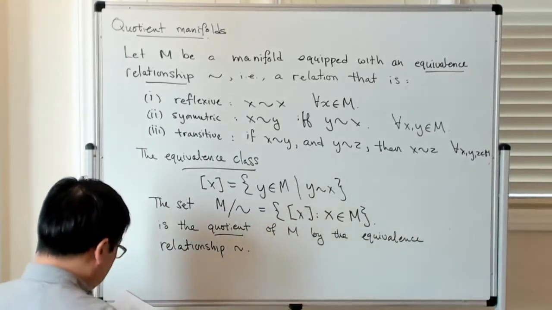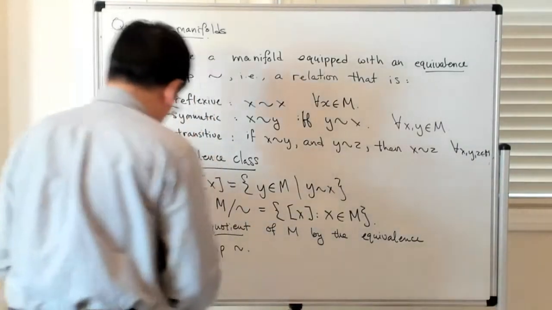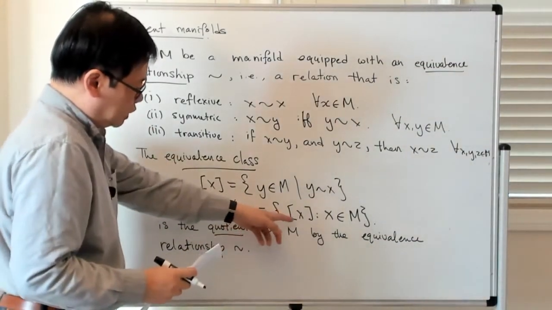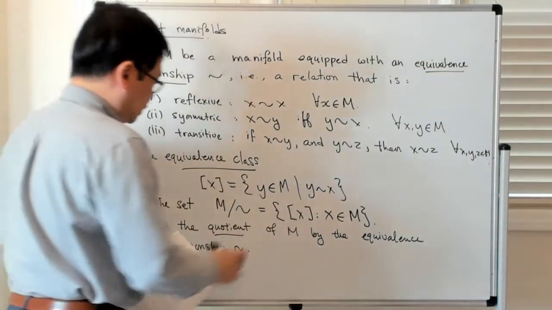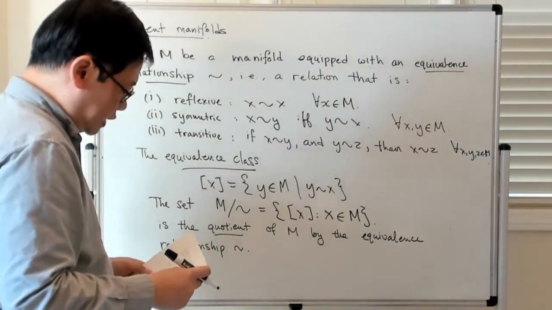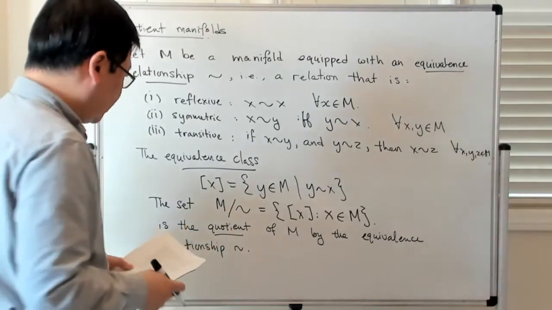This set consists of equivalence classes, and each element of this set is again a subset of the manifold.